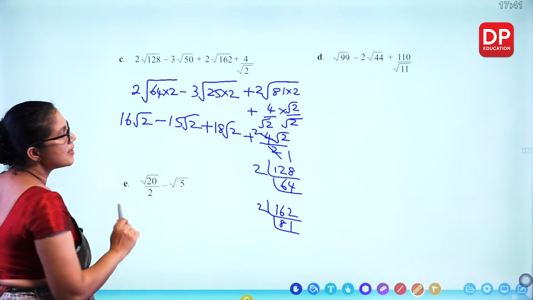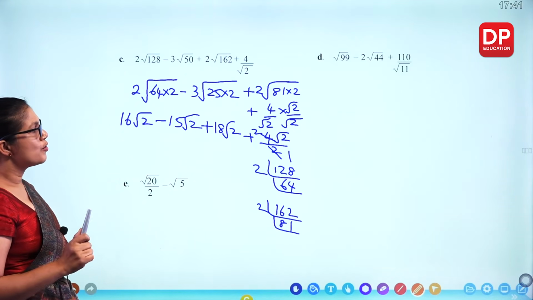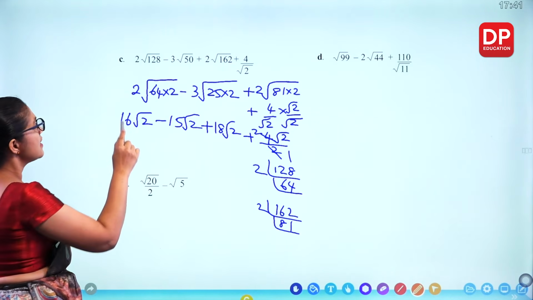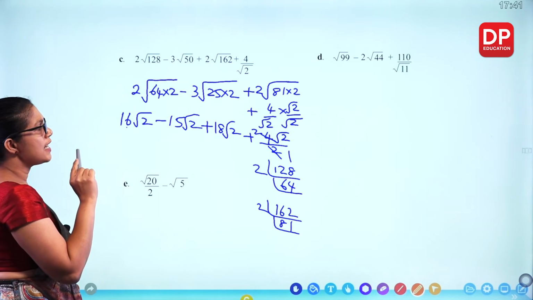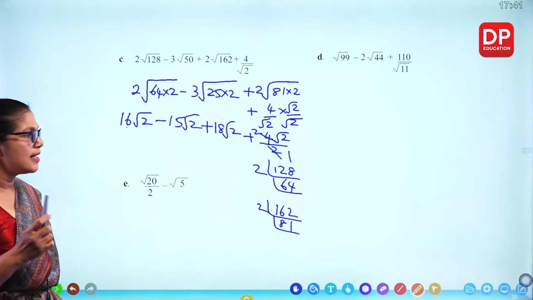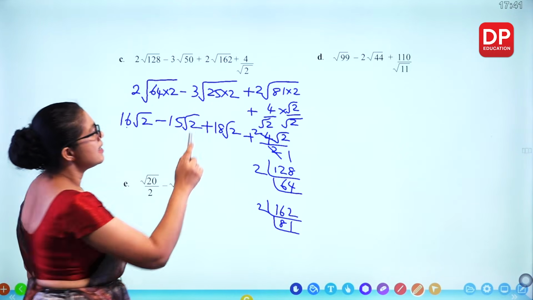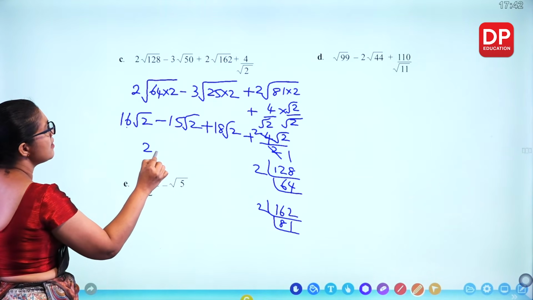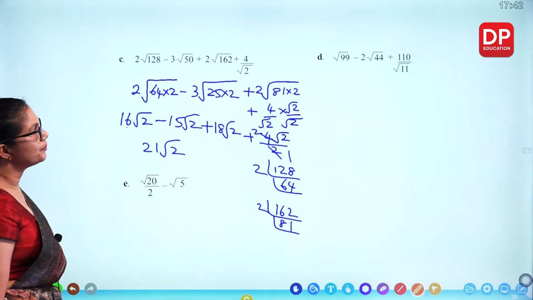All surd values with root 2. So I can just add and subtract. 16 minus 15, you get 1. 1 plus 18, you get 19. 19 plus 2, you get 21 root 2.